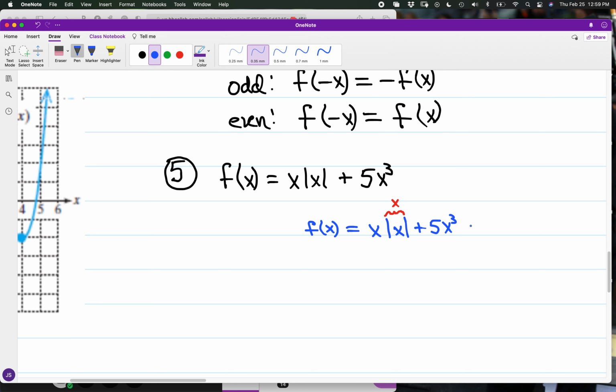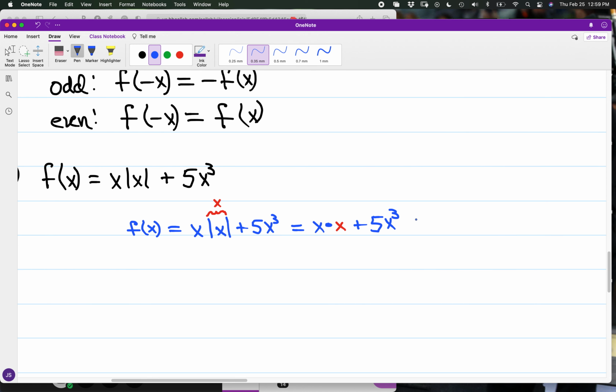So for f of x, you're looking at x times x plus 5x cubed, and so f of x is going to be x squared plus 5x cubed.